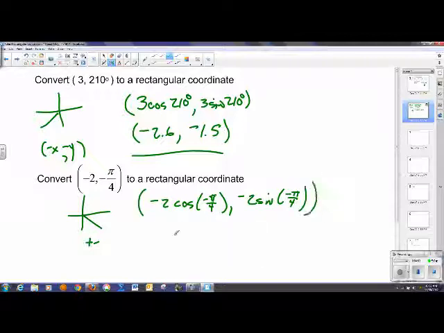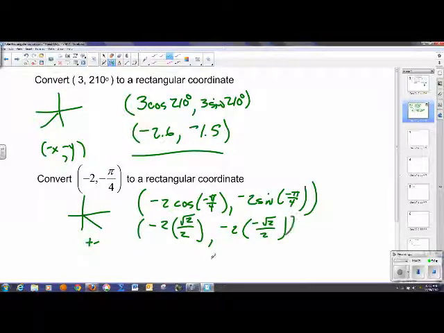We know these are unit circle points, so that's negative 2 times the cosine, which is positive root 2 over 2, and negative 2 times the sine of negative pi over 4, which is negative root 2 over 2. The 2's are going to reduce in both cases, thus getting us, for our cosine value, a negative root 2, and for our sine value, a positive root 2.